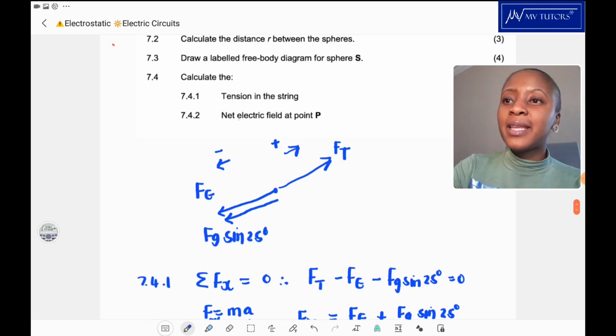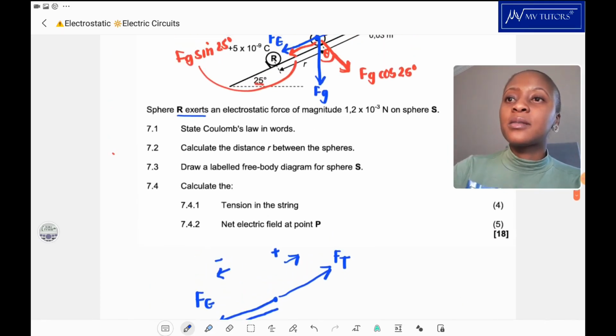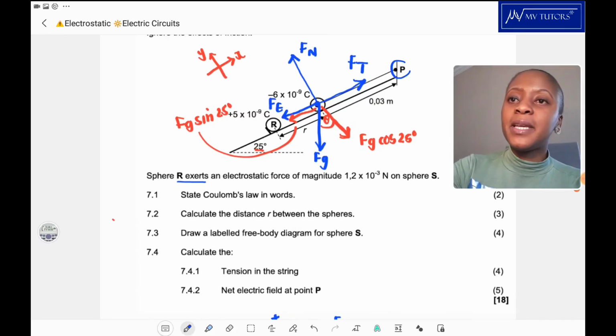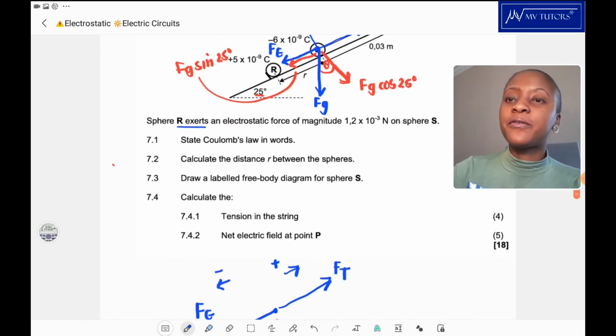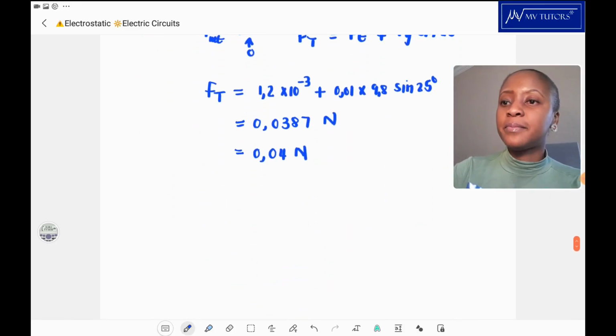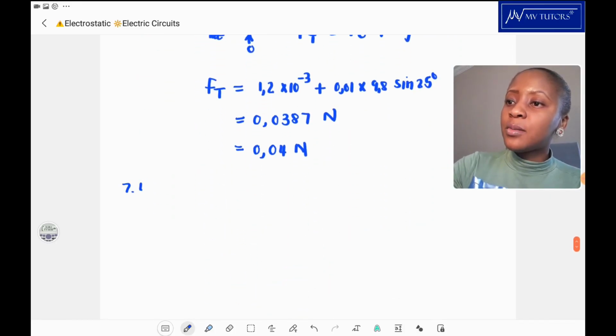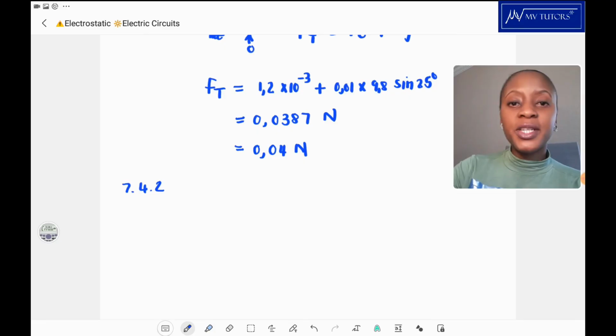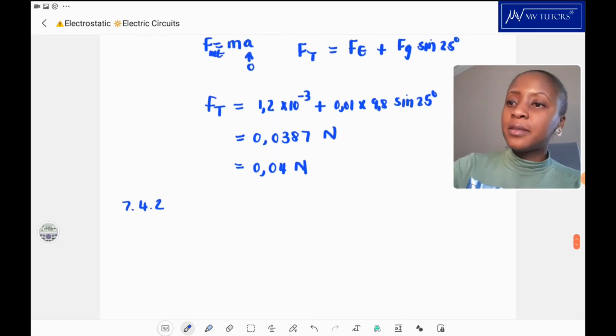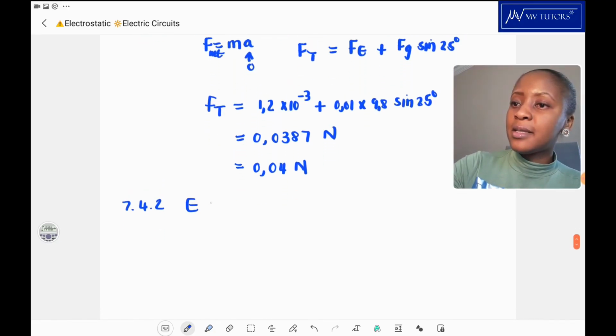Now let us answer the last question. Calculate the net electric field at point P. So there is our point P. We need to know what the net electric field is at that point. Remember the equation for the electric field. E is equal to F over Q. Hence, your unit would be Newton per Coulomb.